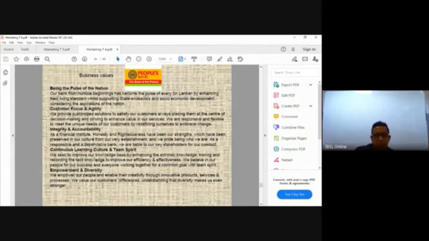So as a national bank, a state bank, they have to treat everyone equally, whether they are small or big, rich or poor, whether they are of different religions or races. They have to be equal to every Sri Lankan.